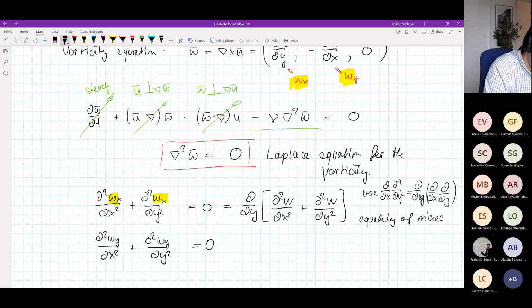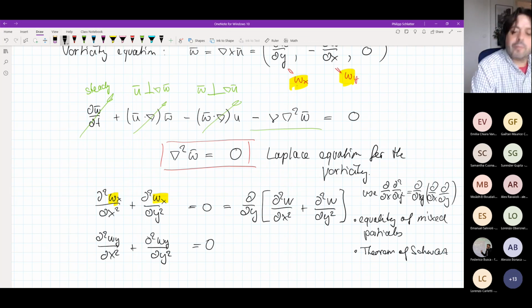That's the name in English, mixed partials, or it's also called the theorem of Schwarz. But at the end of the day, it just means that you can switch the order of derivatives, as we all know.